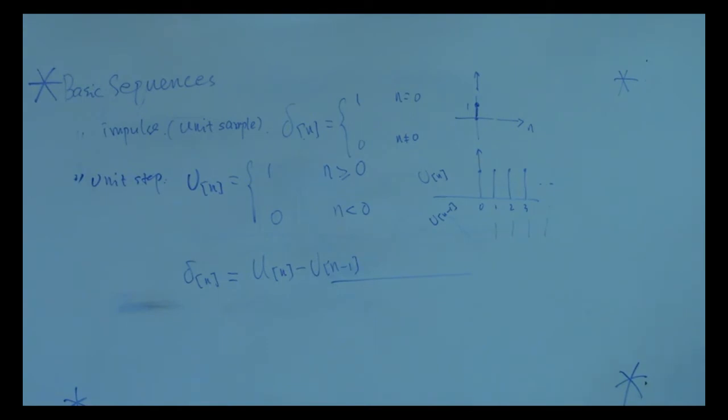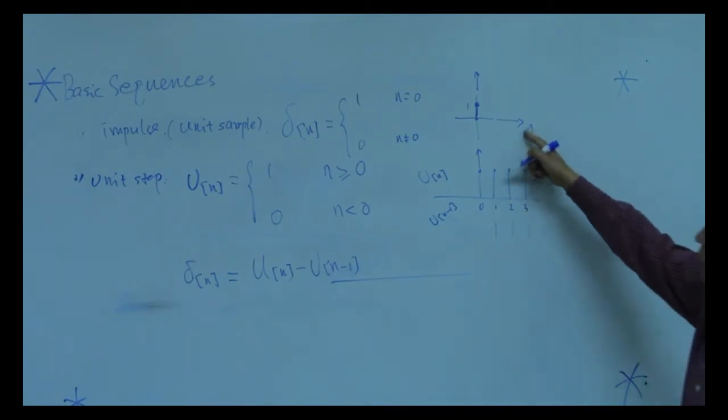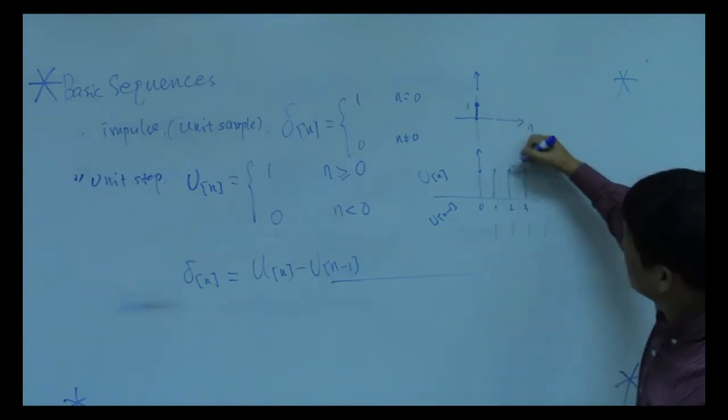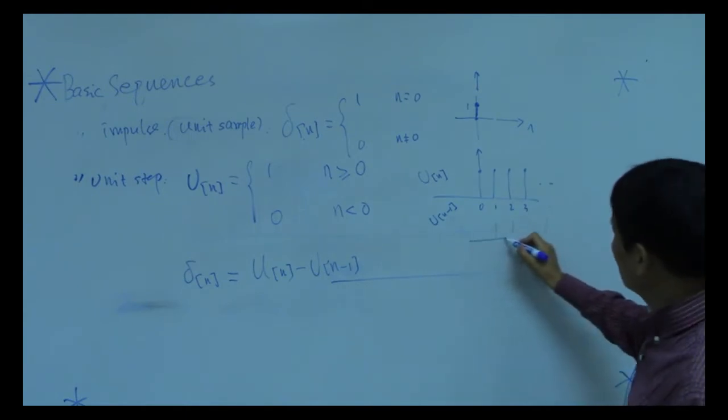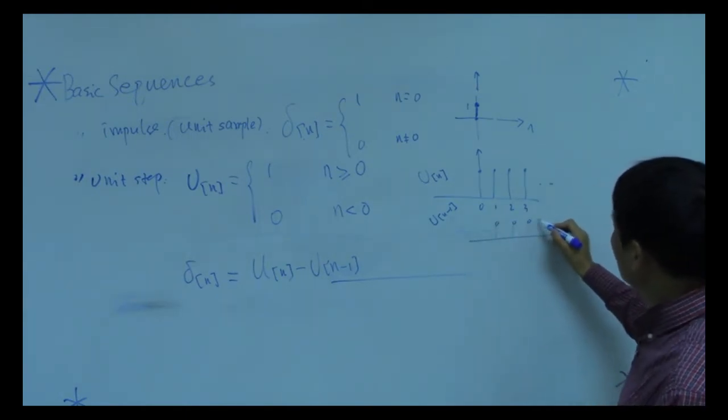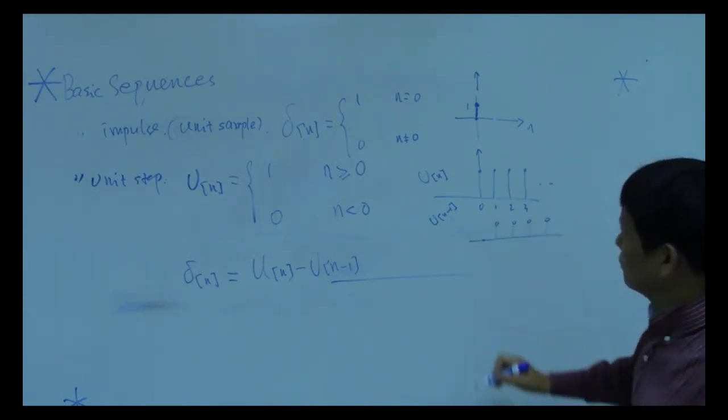Is that good? Yes or no? It's good, right? This is called the difference. u[n] is this one, and u[n minus 1] equals this, and there is nothing here.